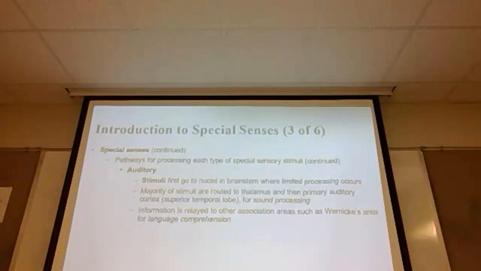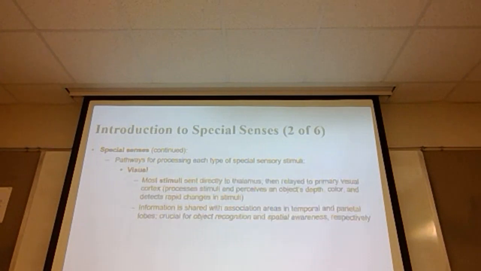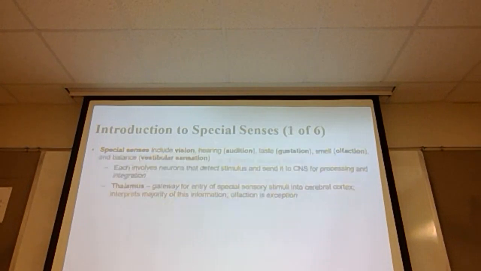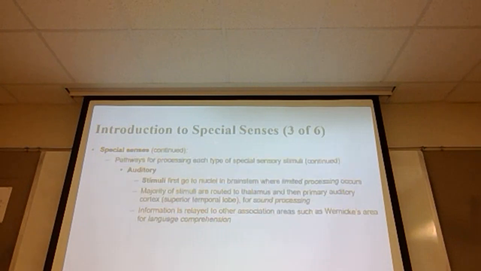Auditory stimuli first go to the nuclei in the brainstem, where transmitting or limited processing occurs. So we back up one slide. So visual goes straight to the thalamus. Auditory straight to the brainstem, which should tell you that hearing or auditory things are a more ancient sense than vision.